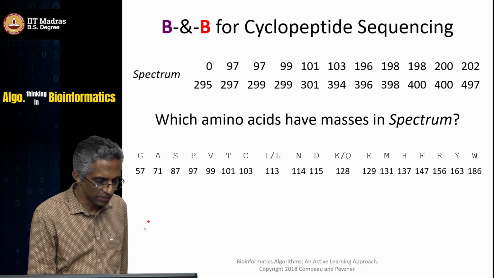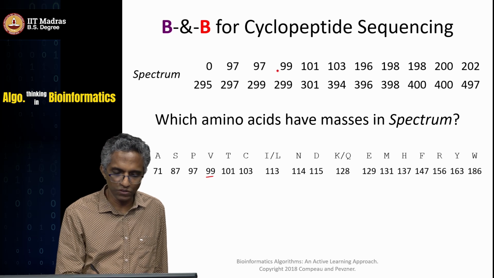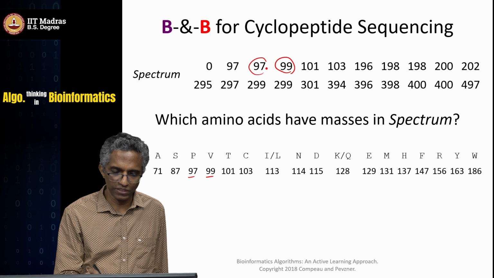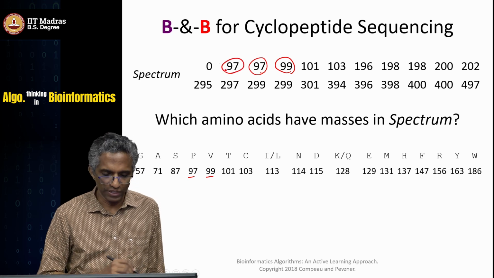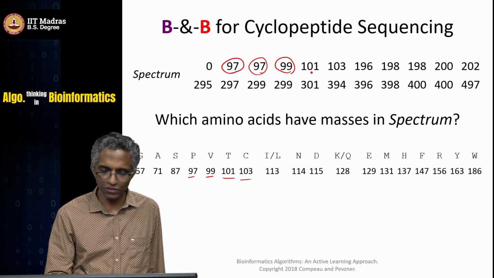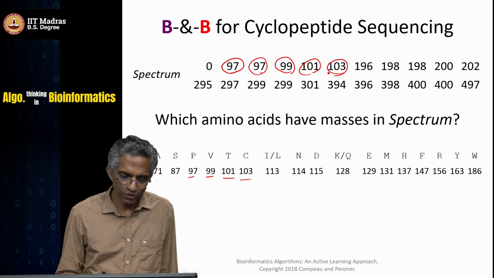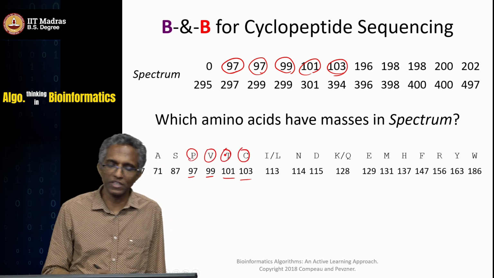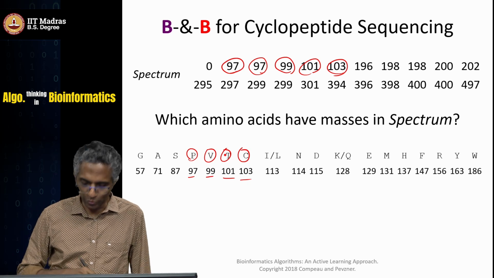Okay. So, you can see here for instance that there is 99, so 99 is matching here. There is 97, so 97 is here, and there is 101, 103, so these are matching. So you can say that maybe P, V, T, C, those amino acids are present in this particular input peptide, okay?